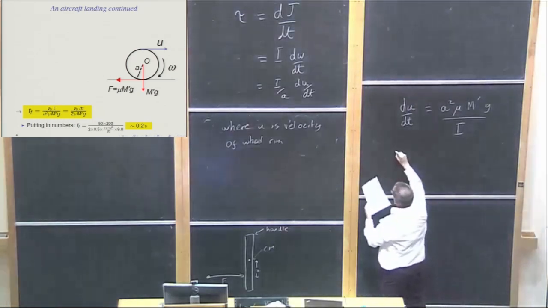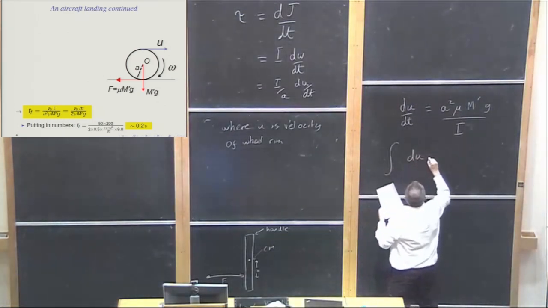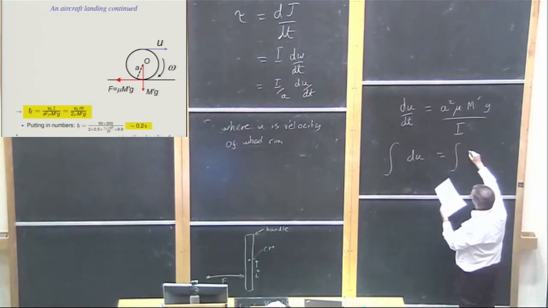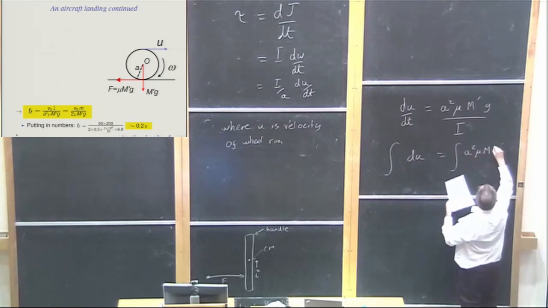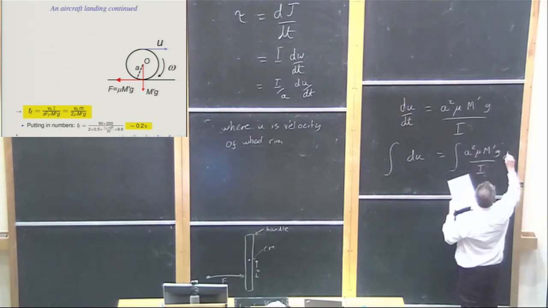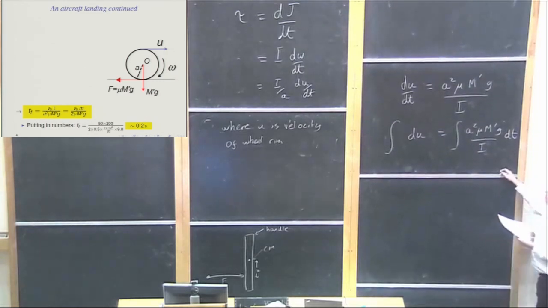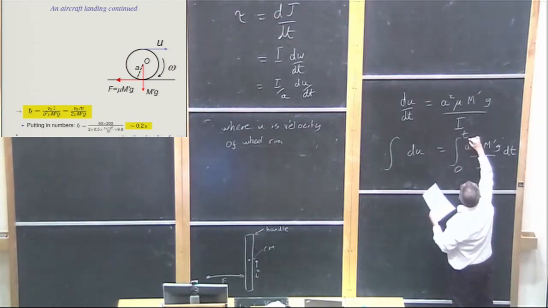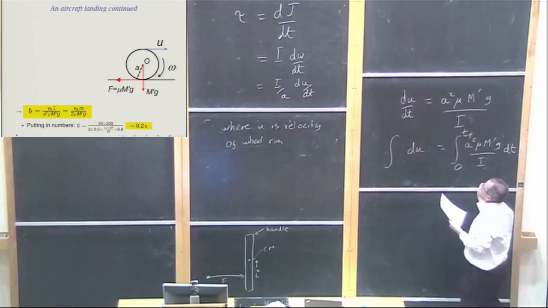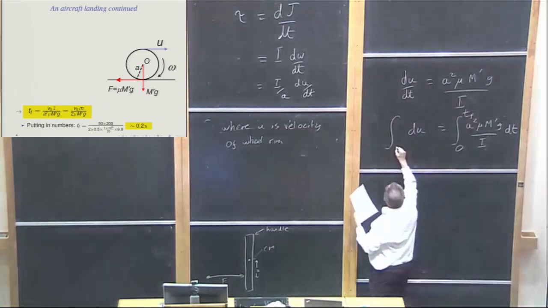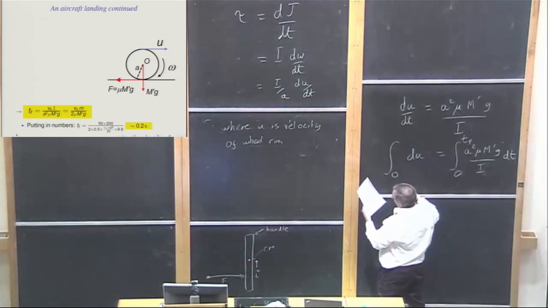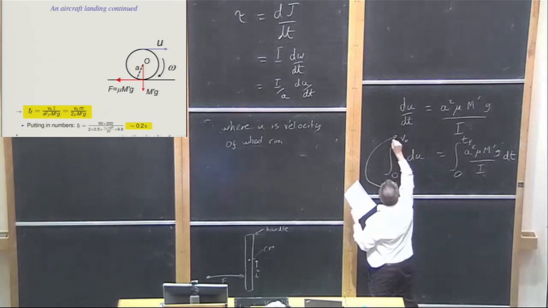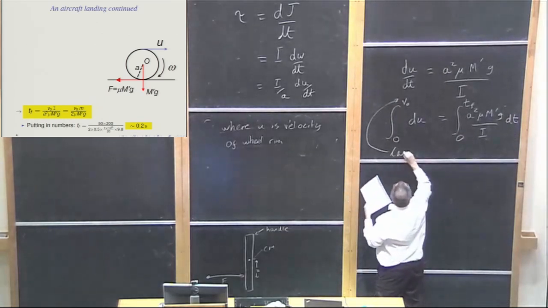It's very straightforward. Separating the variables, du equals the integral over time of all of this stuff. And what are the limits? Well, we start at t equals 0, and we end up at t final, tf. It starts with the wheel not spinning, and eventually it reaches v0, where v0 is the landing velocity of the plane.